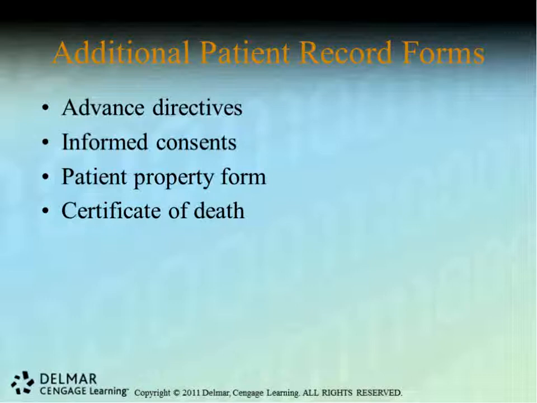All right, so the next type of form that's also considered an administrative form is your patient property form. You'll see this in hospitals when you're admitted for an inpatient or overnight stay, and you'll fill out this form where it lists what type of property you're bringing into the facility with you.